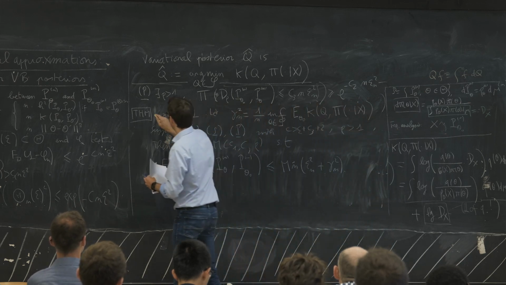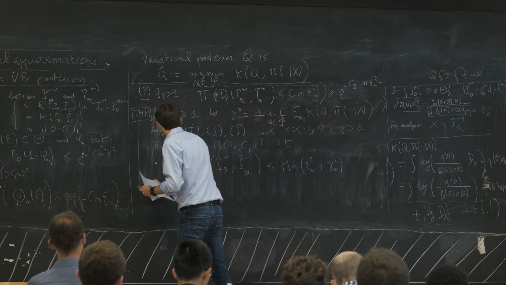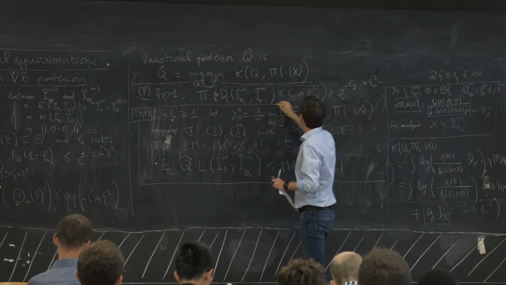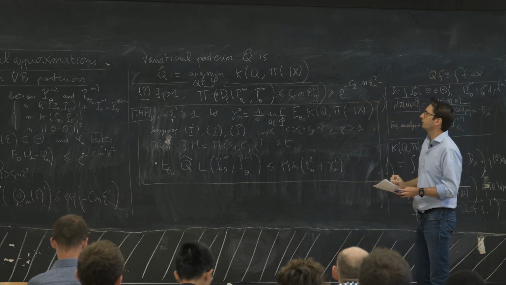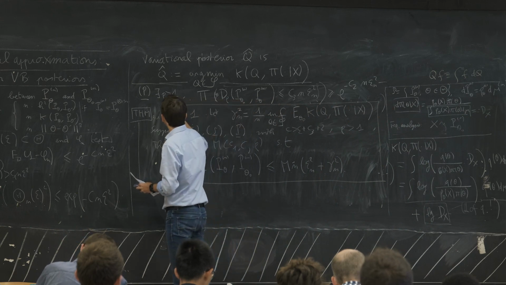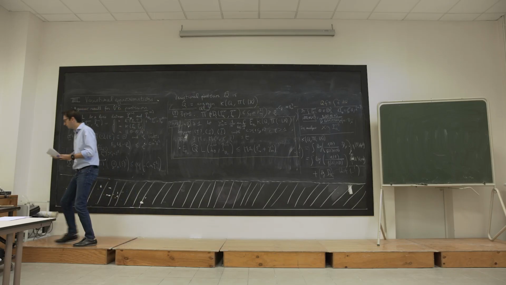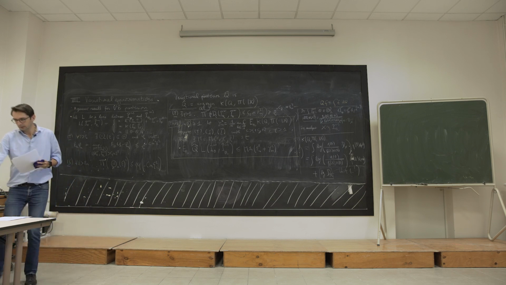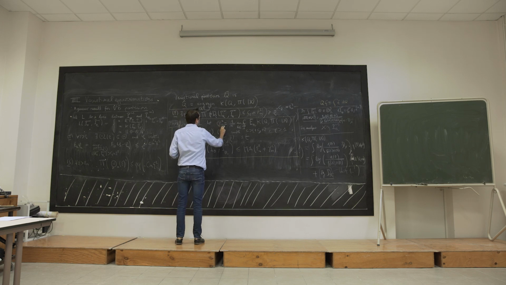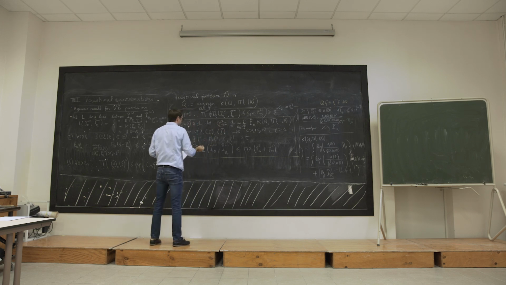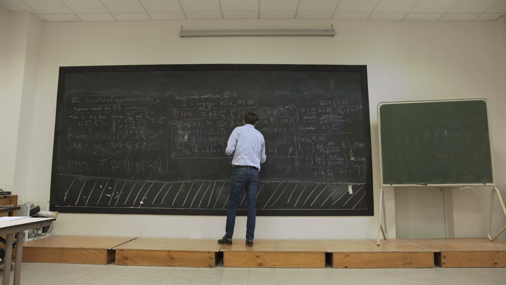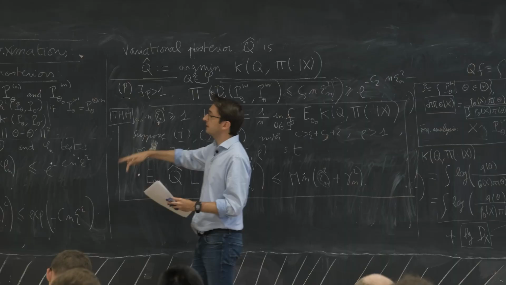Here we can pause a little to comment on the result. There are two rates: epsilon n squared, and gamma n. By now we are familiar with these conditions: testing, sieves and prior mass.